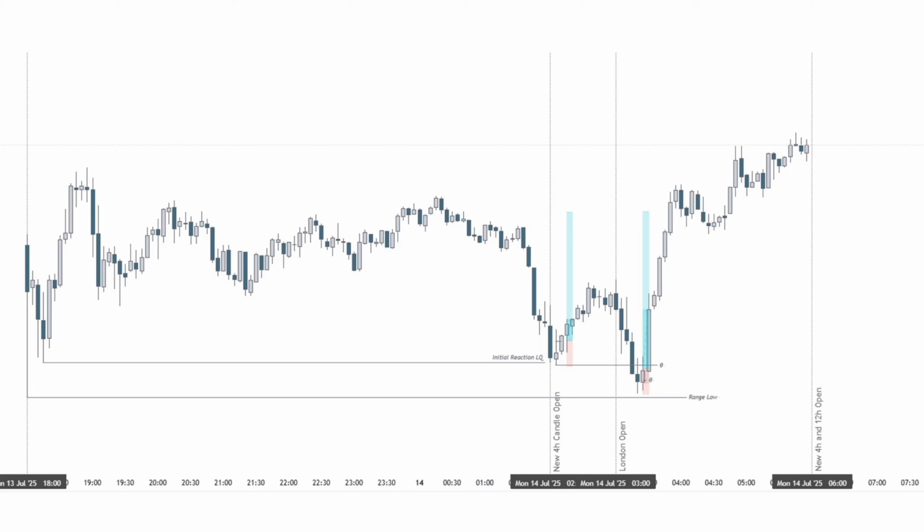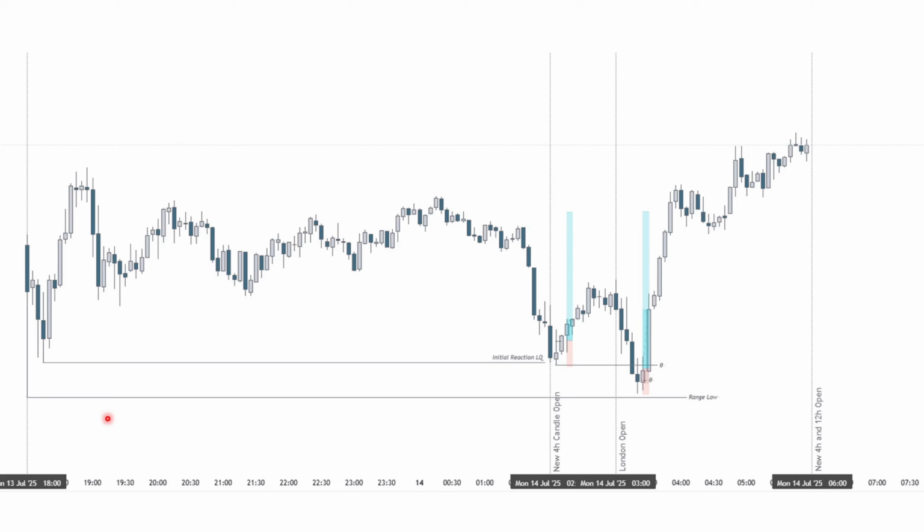Just before we get into the actual indicators though, I just want to cover why I was interested in this area. You can see here that during Asia all day, we'd been building up all these highs, building up all this internal range liquidity, in this tight little range from this high down to this low.